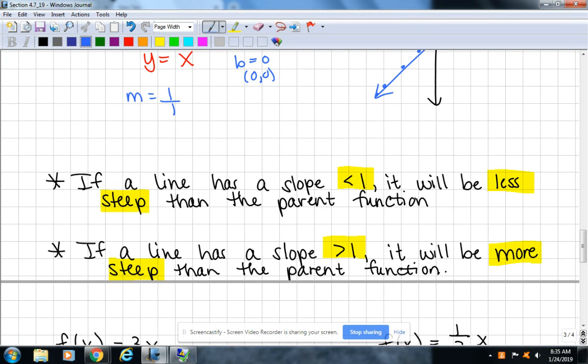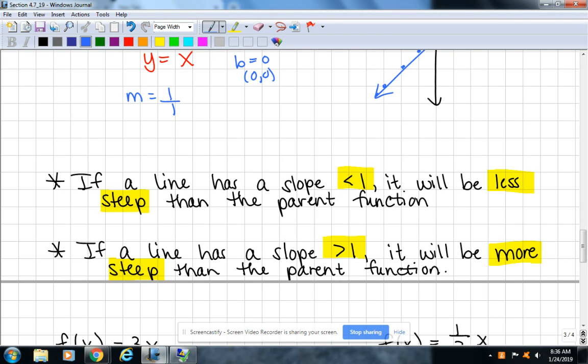Yes, they're called improper, like 5/2 equals 2.5, right? So improper fractions or any other number greater than 1, then you're going to have a steeper line than the parent function. So a slope of 5, with the x, will be really steep. A slope of 1/5 with the x will be almost flat, right? Just gradually increasing, very slowly.